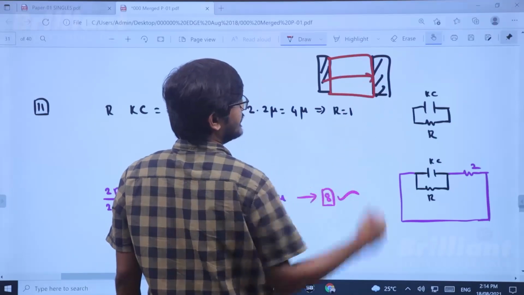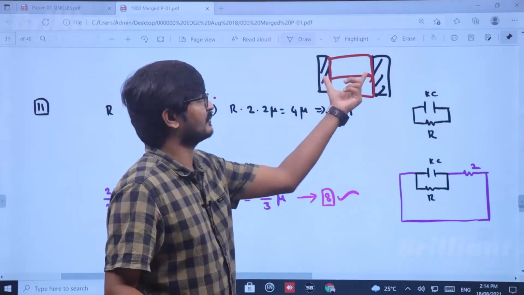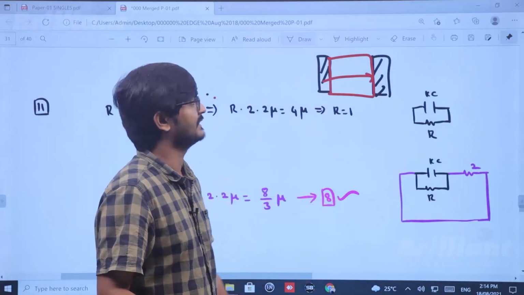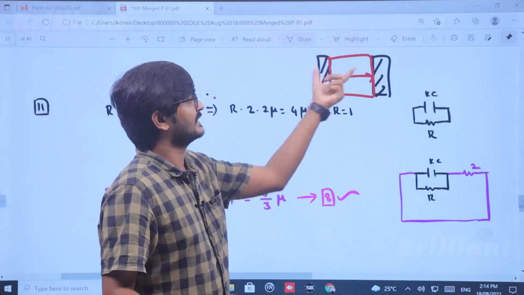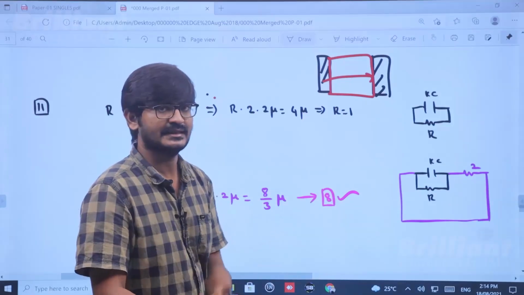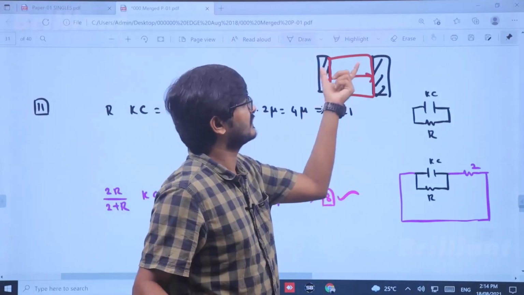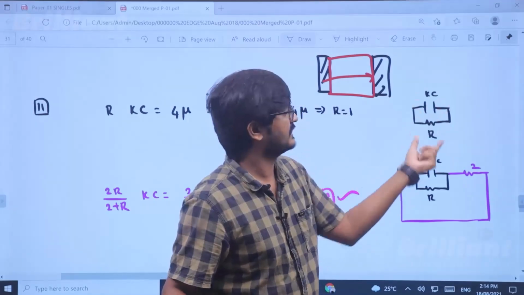Charge can leak. Because of the potential difference, charge is flowing, charge is leaking. So you can try to visualize this as a resistor. There is a capacitor and a resistor, and the potential difference across the capacitor and resistor is the same. So you can visualize this figure like capacitor and resistor parallel to each other.